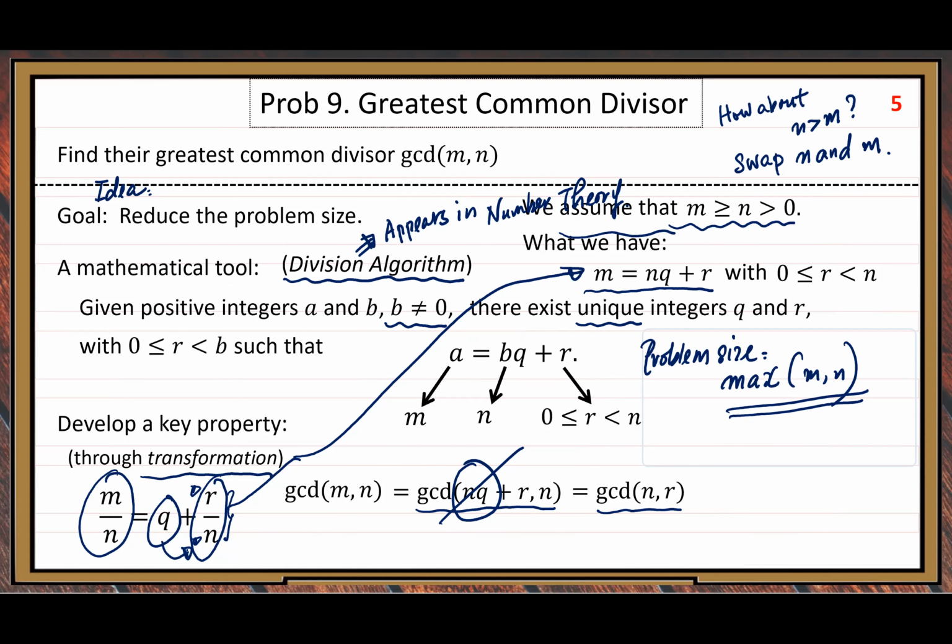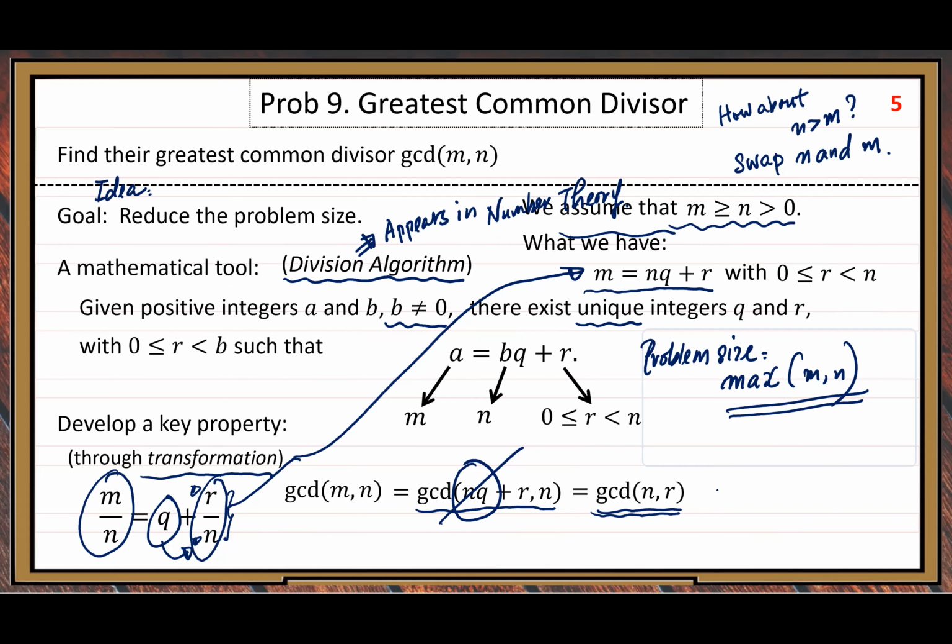Think about that, divisor cancellation. So nothing to do with the divisor, so we can remove it. So this version is after the integer part removal. So we get a GCD of n and r, and this time the size is reduced.